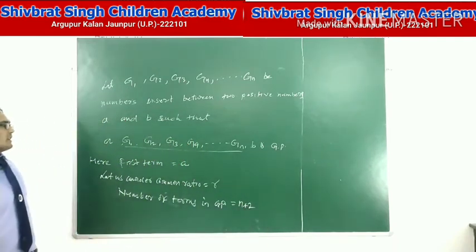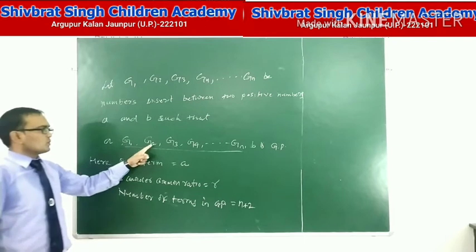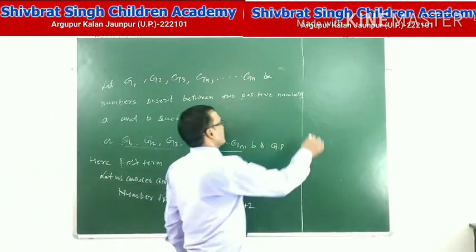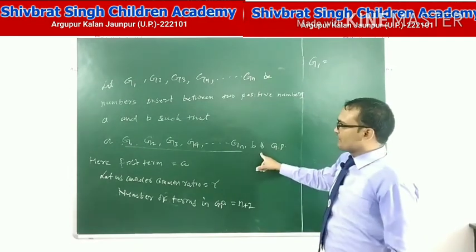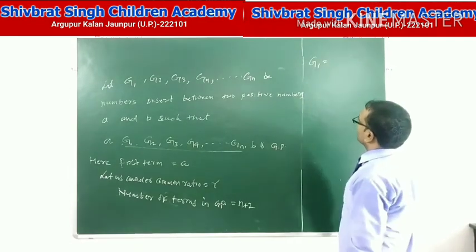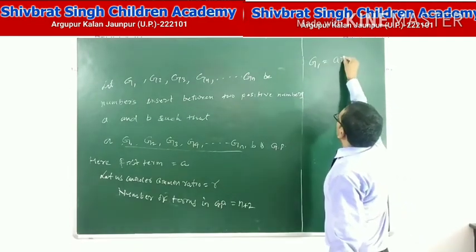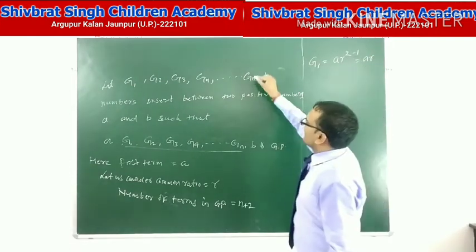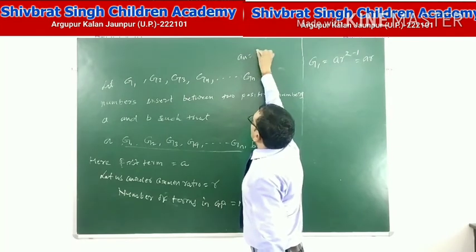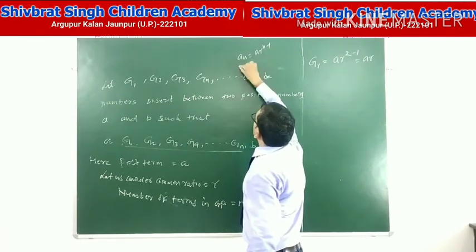We find the value of G1, G2, G3, G4. Here G1 is the second term of this GP. The second term of this GP is ar to the power 2 minus 1, that means ar. Here the general term of the GP, an equal to ar to the power n minus 1.